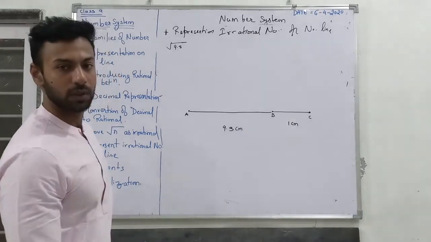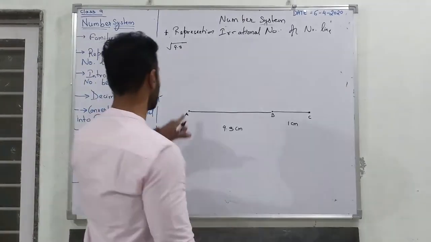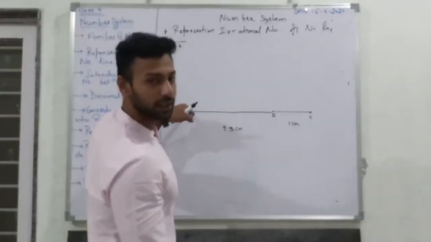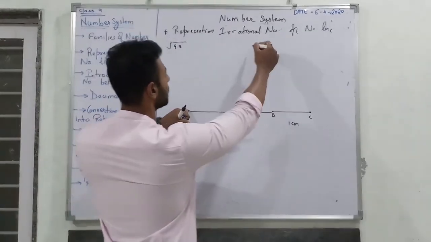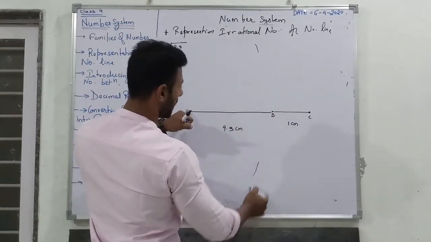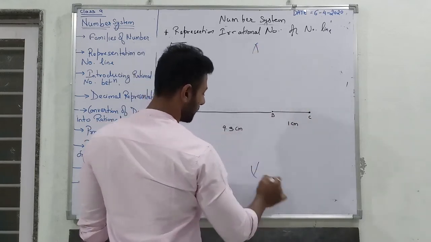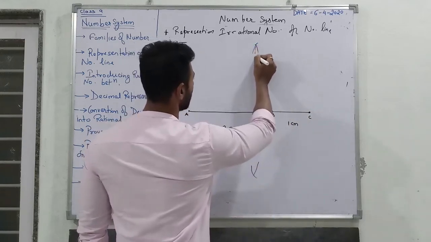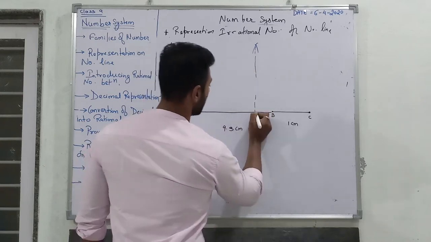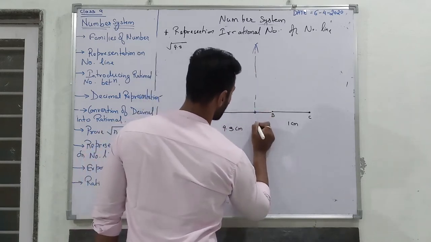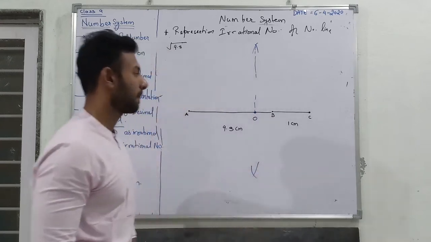Now with your compass you have to open more than half and put the needle at point A, and cut one arc right up, one arc right down. From point C you have to cut an arc up, cut an arc down, and join these 2 points. So you will get a midpoint O over here.